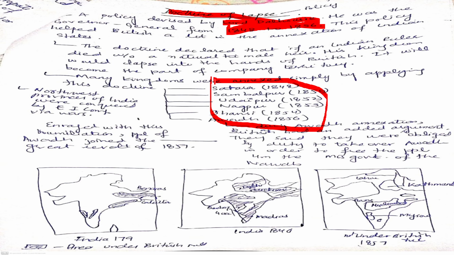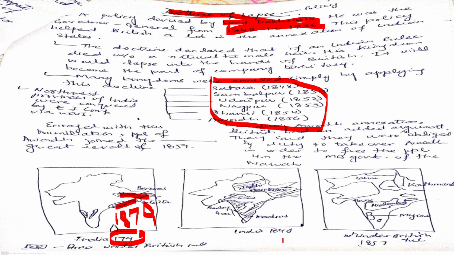Now there are maps showing the area of British control. This is the area of the British in 1757. Sorry, it is 1757. It has only the Calcutta area.